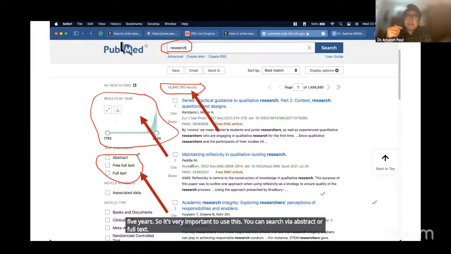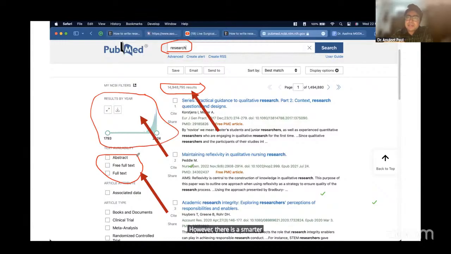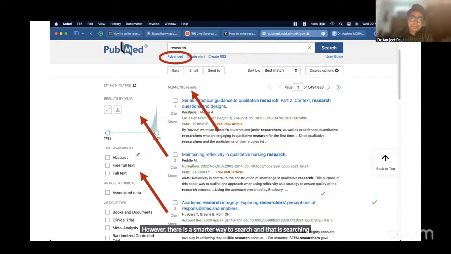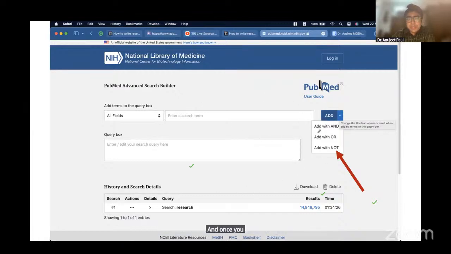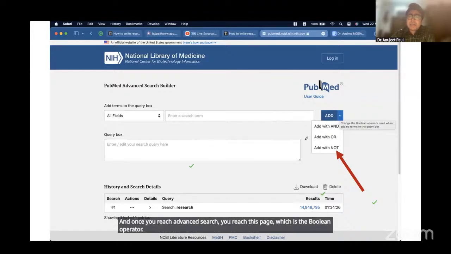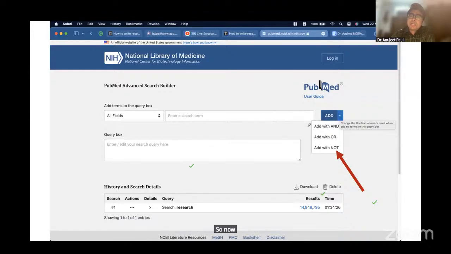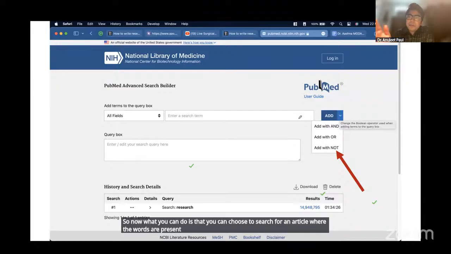However, there is a smarter way to search, and that is searching via Boolean. So what I would like you to do is click on advanced search in PubMed, which is over here. It's also available on the homepage, by the way. And once you reach advanced search, you reach this page, which is the Boolean operator. So now what you can do is that you can choose to search for an article where the words are present together or not present together.